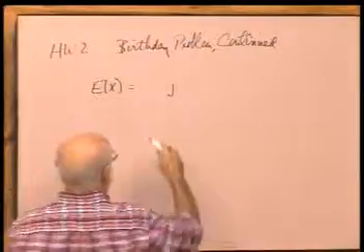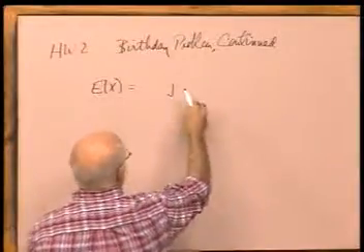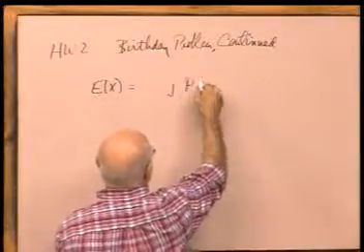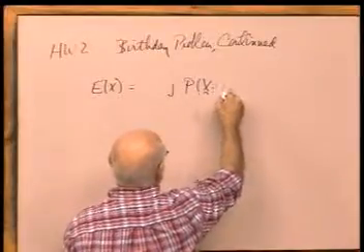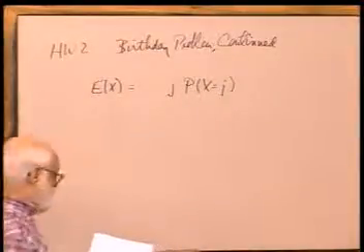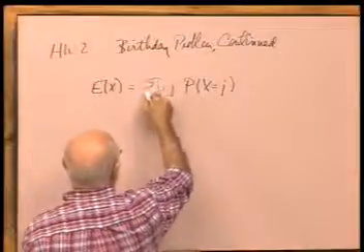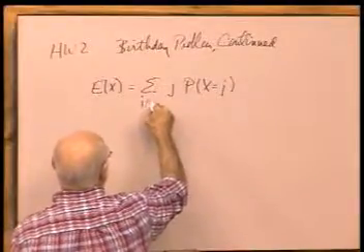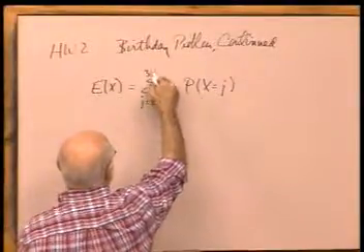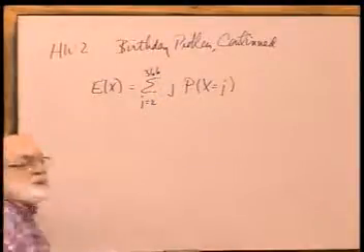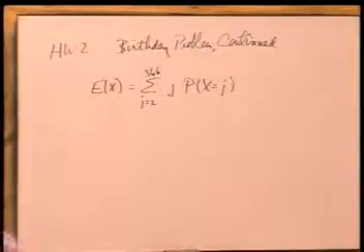So in other words, I'm going to take the integer values multiplied by the probability that in fact that is the number of people you question, summed over all possible values, which is between 2 and 366. So you can't do this problem by hand, it's not practical.